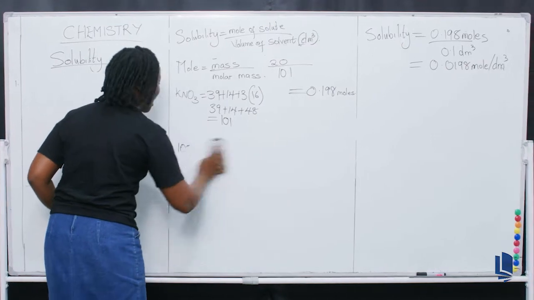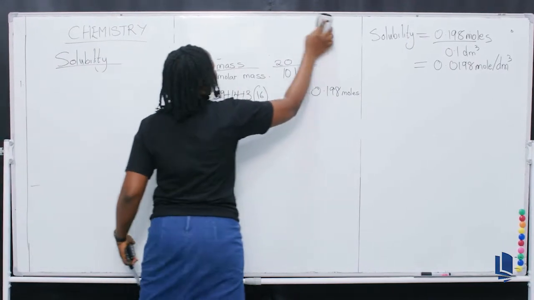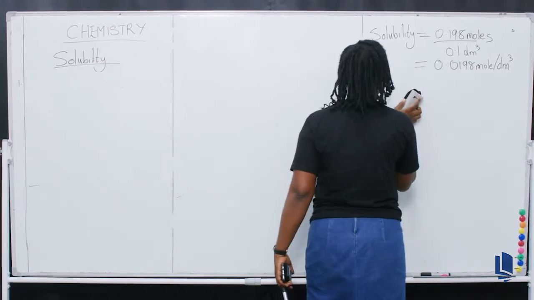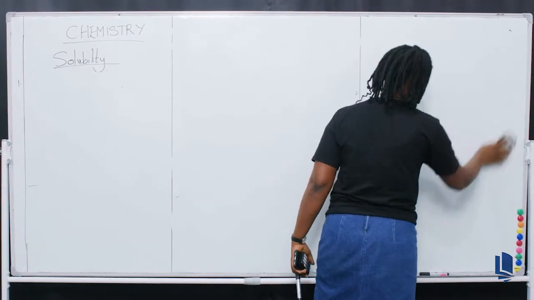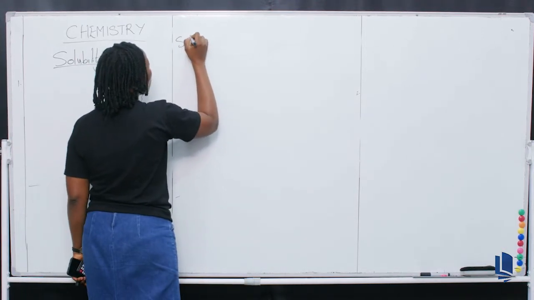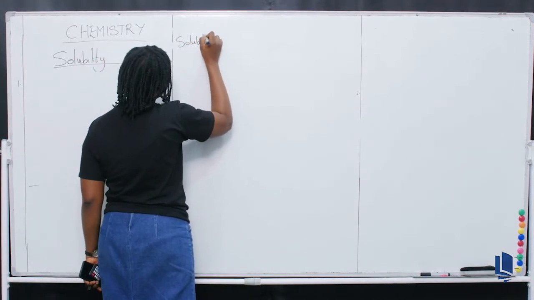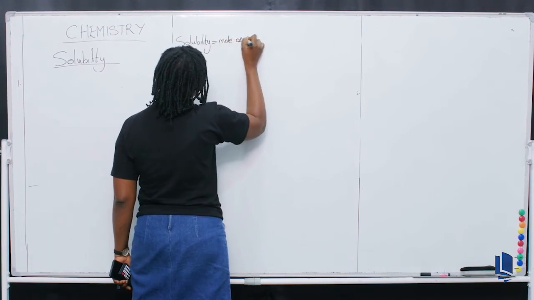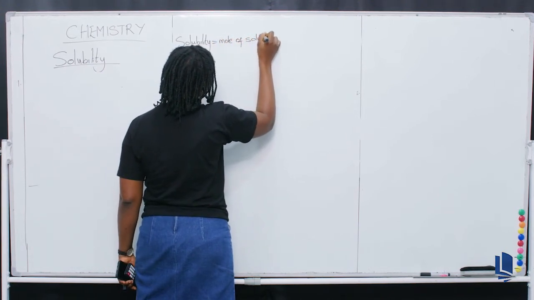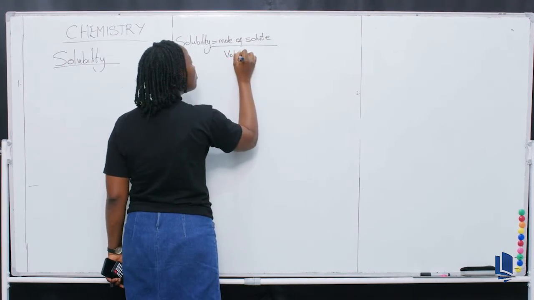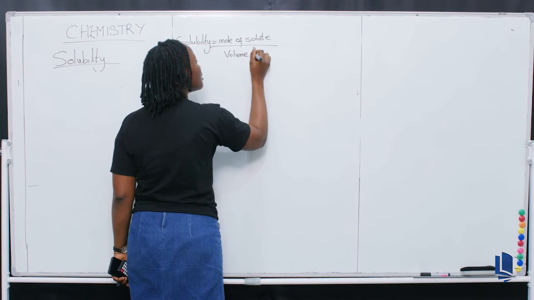In order to be fast, and not always converting our cm cube to dm cube first before we calculate, solubility can also be written as mole of solute divided by volume in cm cube.